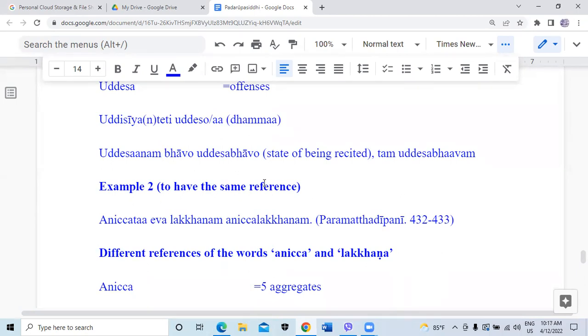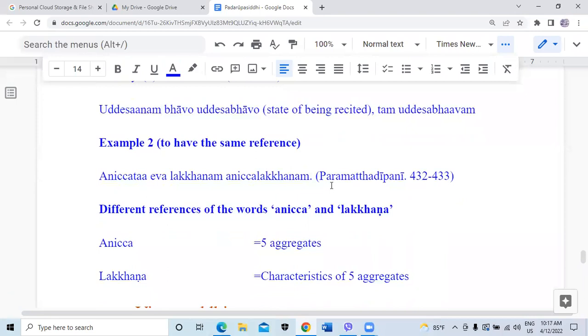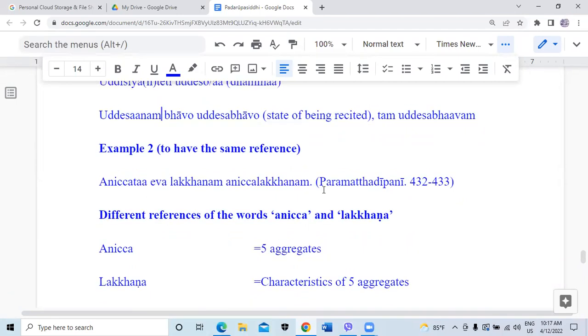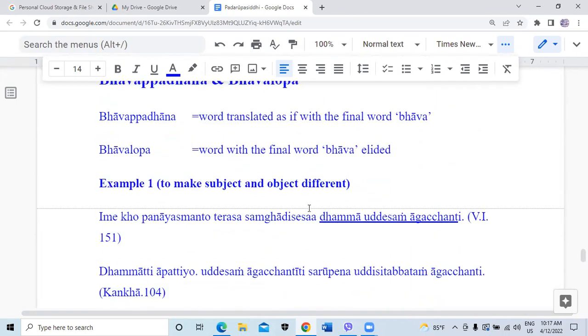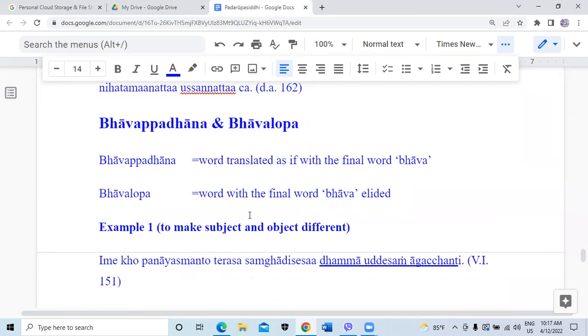Dhamma is recited. That's why it should be clear. So it's a matter of having the same reference. So here, to make subject and object different, because subject and object in a sentence must be different, when we consider a word as Bhavapaddhana, Bhavalopa, it is to make subject and object different.